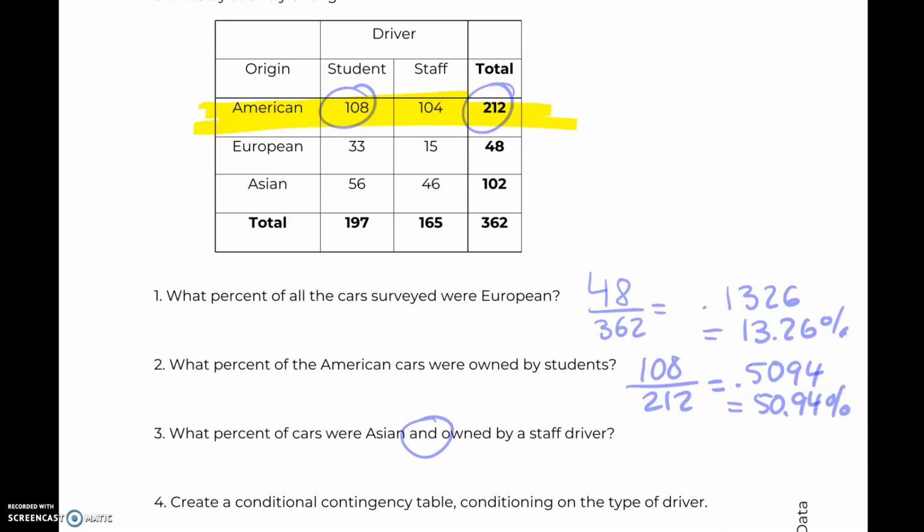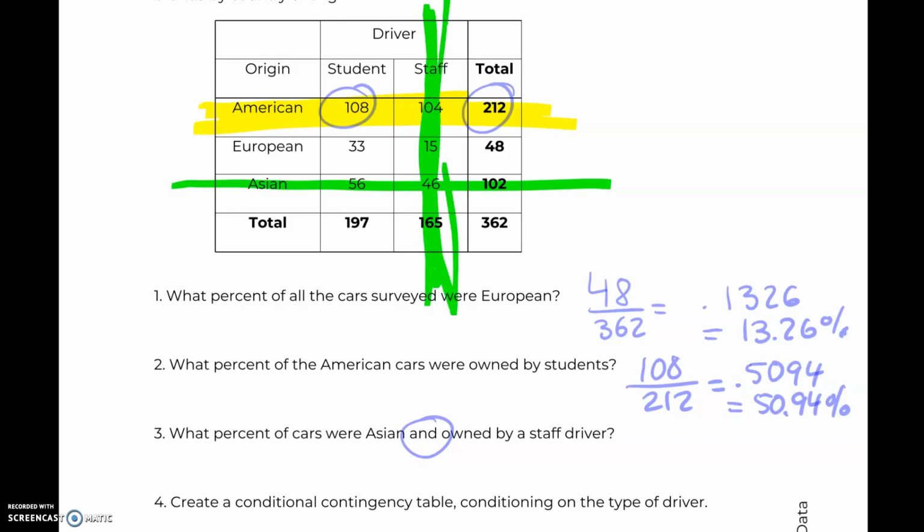Let's highlight first all the Asian ones, and we're also going to highlight the staff drivers. We want the car to be both. So for a joint frequency, we're looking at the frequency that is both Asian and staff, that's 46 out of the grand total of 362.